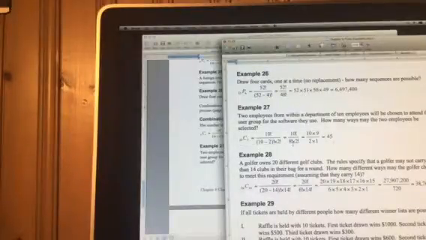So 10 factorial over 8 factorial is going to leave me with just 10 times 9 in the numerator. And then I need to not lose track of this 2 factorial. That's 2 times 1. So the numerator is 10 times 9 is 90. Denominator 2 times 1 is 2. 90 divided by 2, 45. So there are 45 ways we can select 2 people to go to the user group.